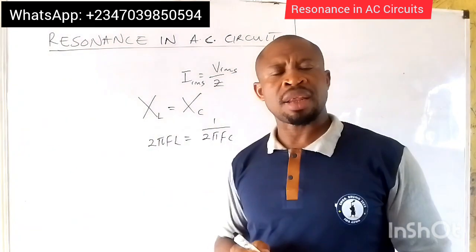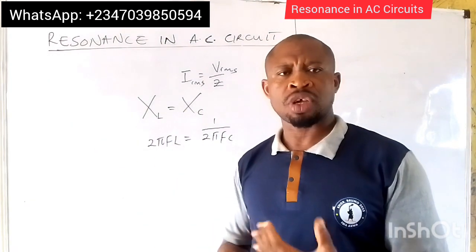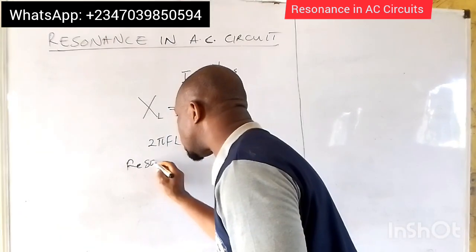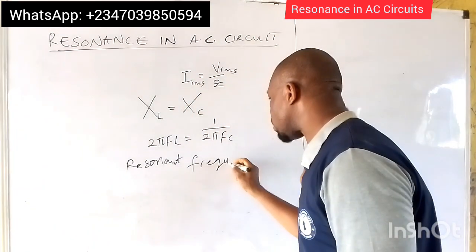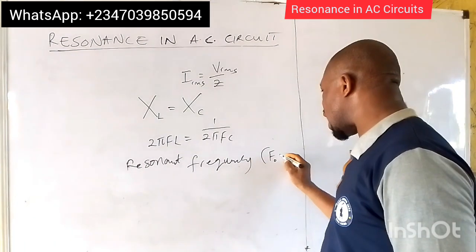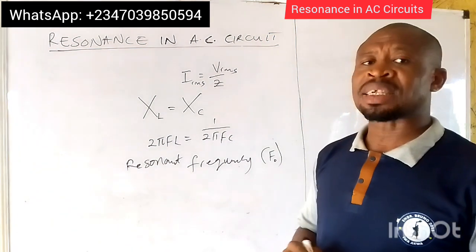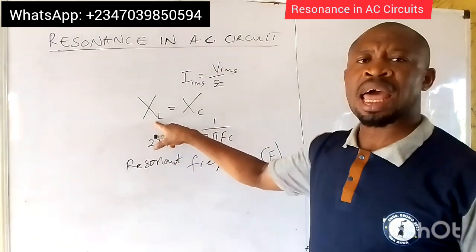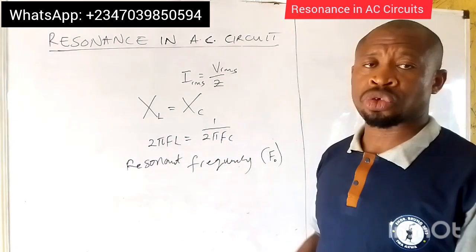To proceed, the frequency at which resonance occurs is known as the resonant frequency. This resonant frequency is represented as F naught. Resonant frequency is defined as the frequency at which XL becomes equal to XC in an AC circuit.